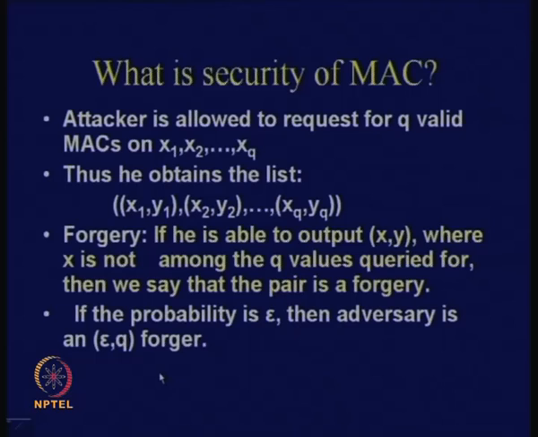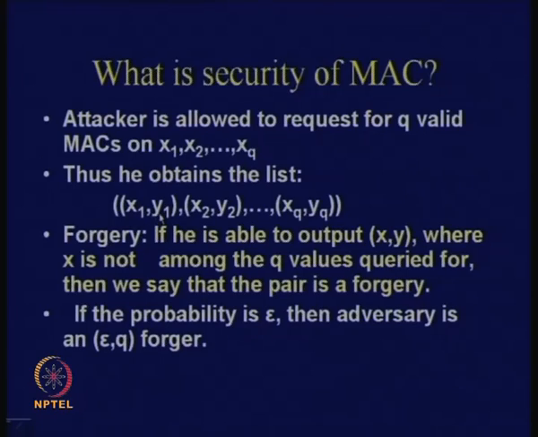So, first of all, in order to understand what we should do, we have to define the notion of security. Okay. That we have done for our previous cases like block ciphers, stream ciphers and other things. We will continue with that approach and define what is meant by security. Okay. So, the idea is this: the attacker is allowed to request the valid pairs for any q messages. So, what the attacker does, he obtains a list of the form x1, y1, x2, y2 and so on till xq, yq.